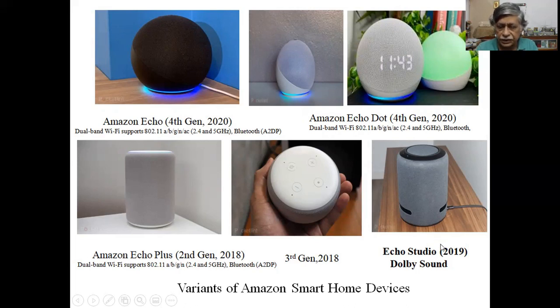And in 2019, you have Amazon ecosystem with Dolby Sound. And you got fourth generation Amazon ecosystems in the year 2020, wherein different kinds of advantages are being given, like you can connect it to Bluetooth also. And also sometimes you can find the display of clock on the Amazon ecosystem itself.